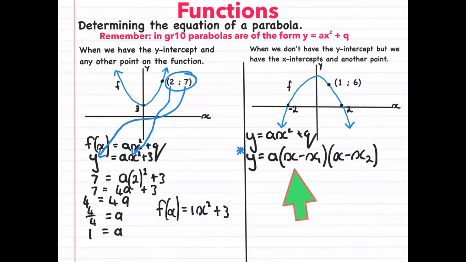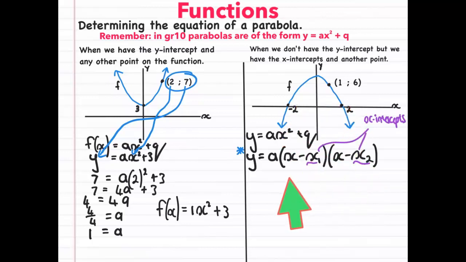First of all, we need to know what x1 and x2 are. I'll do that in purple to show you: this x1 and this x2 are my x-intercepts. Please don't forget that. I'll show you in a minute what we do next.